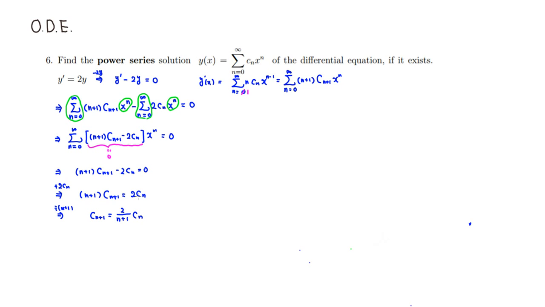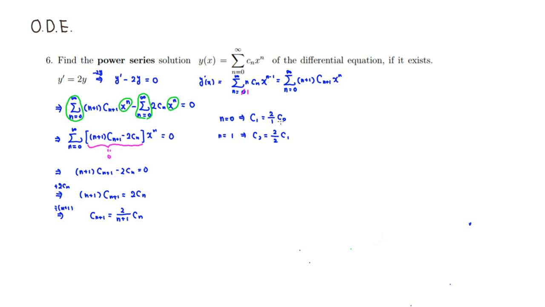Let's see if we can find it. Let's start with n equals 0. Then c1 is equal to 2 over 1 C0. When n equals 1, then C2 is equal to 2 over 2 times C1.